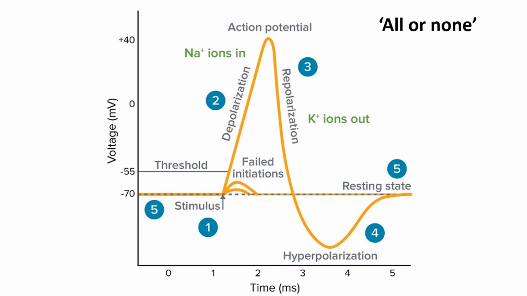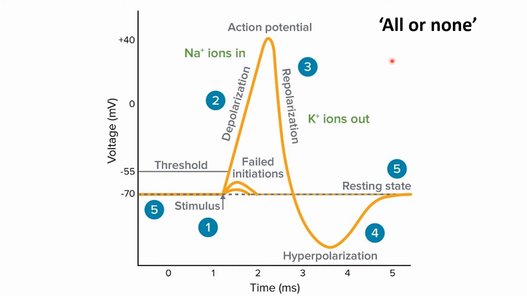Here is another graph illustrating the action potential. This will show failed initiations. Remember, we start at a resting membrane potential of negative 70 millivolts. We have a stimulus. What this illustrates is that if there's not enough stimulus, not enough summation of stimuli, and we don't hit the threshold of negative 55 millivolts, there will be no action potential.